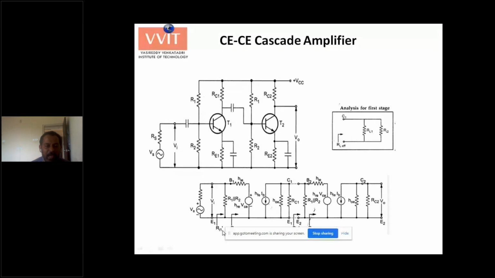That is nothing but Ri1 or Ri1 prime. In this case, though this is the input resistance of stage 1, this becomes the overall input resistance also. Similarly, this is the overall effective input resistance of the entire combination. Okay, now fine. Similarly, the overall output resistance you can find from this point.